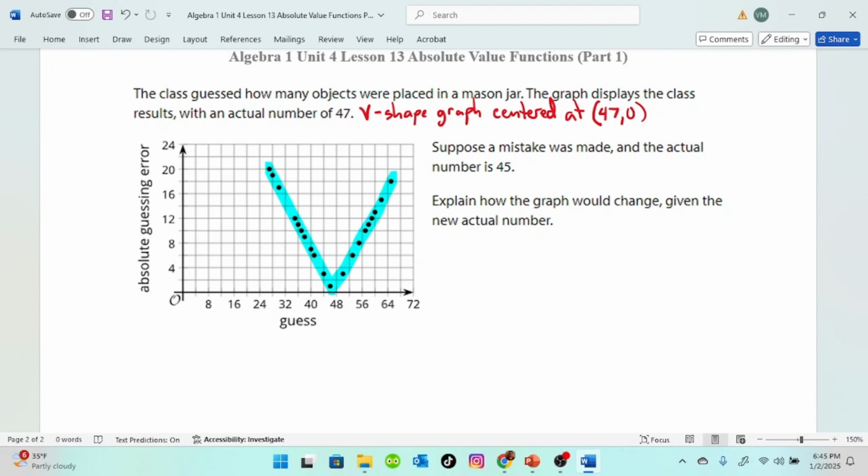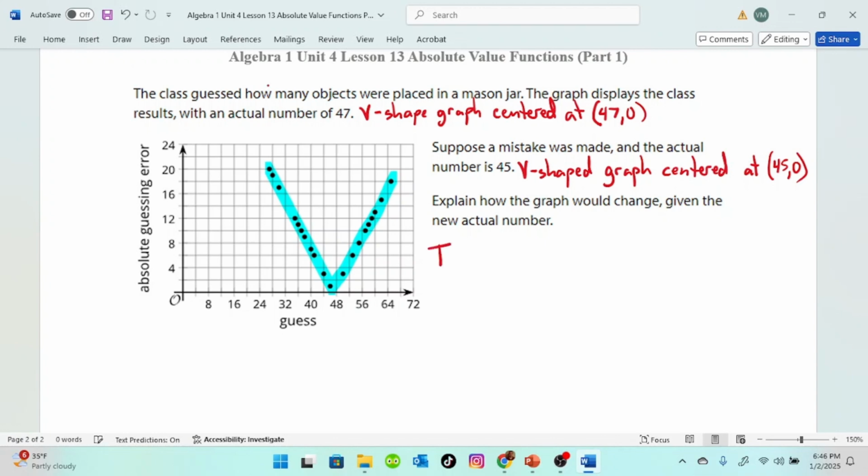Now, if there was a mistake and the real number was 45, we would still have that V-shape graph because it's still an absolute value graph. But this time, it would be centered at the point 45, 0. Because now a guess of 45 would have an absolute guessing error of 0.